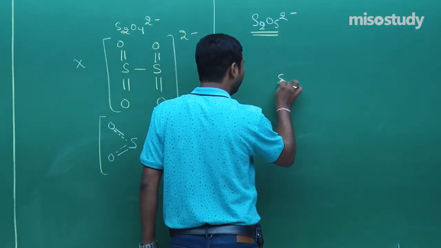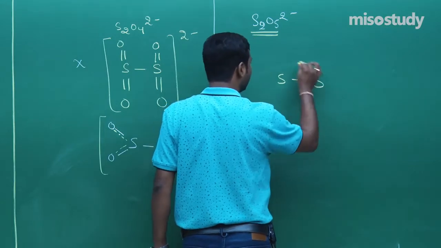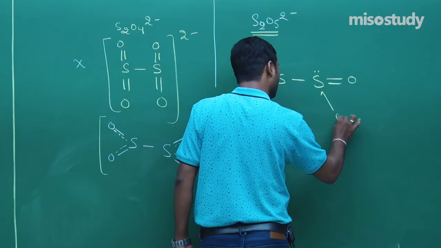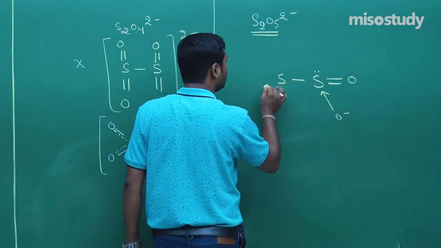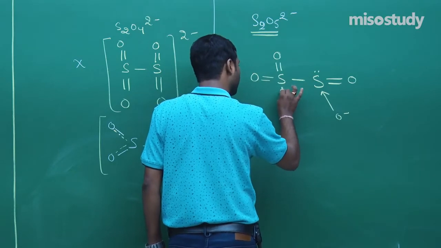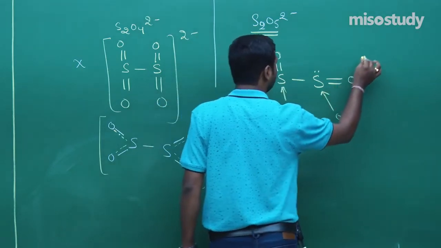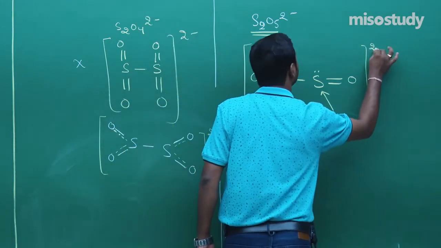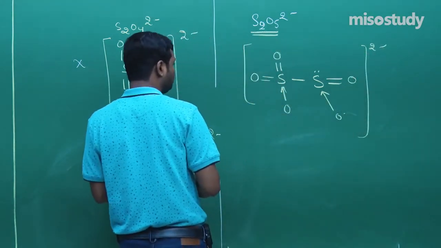Now how to draw the structure of S2O5 2-? Look here. That is S. This one is S. Now here, this one is O-. This one is O. This one is O. And this one is O-. So in this case, it is better to write 2-. That is the structure.